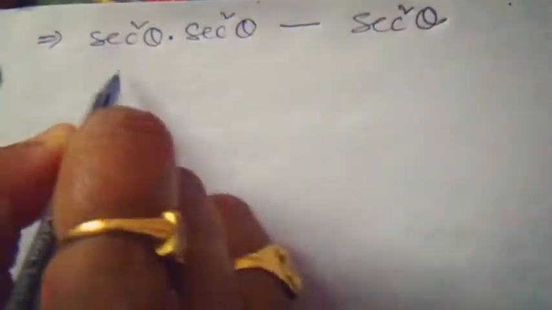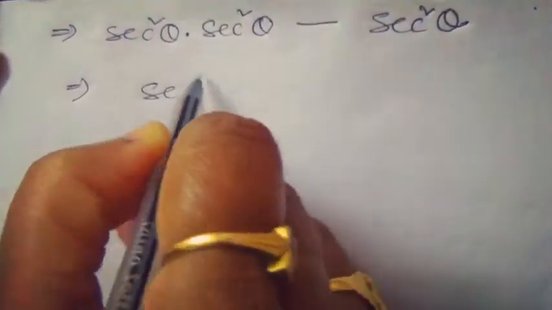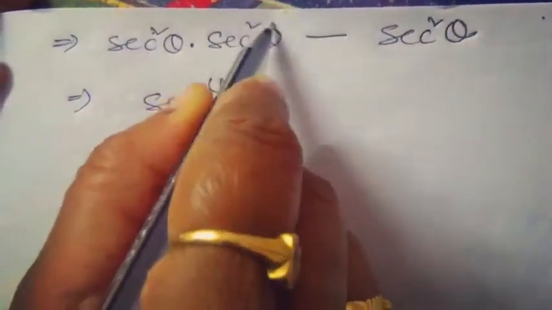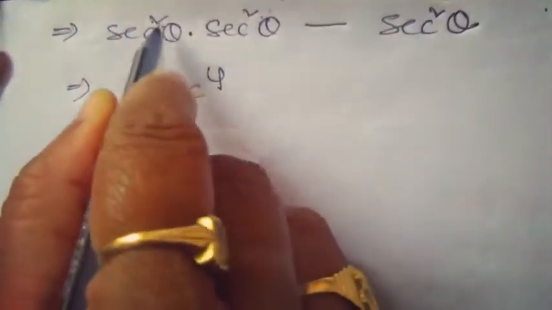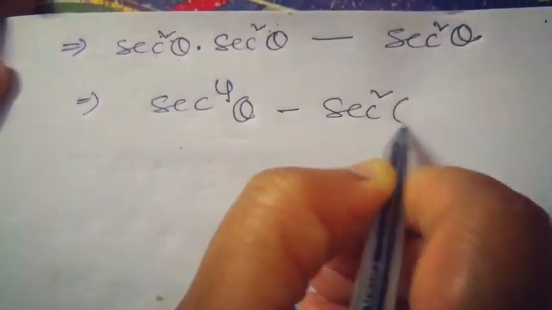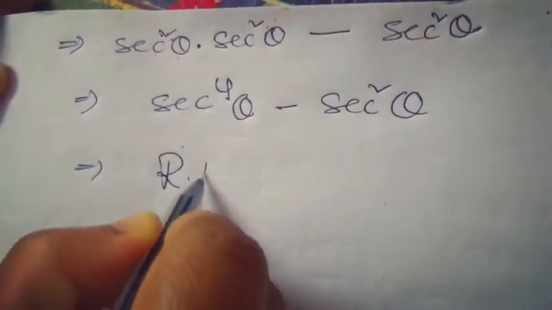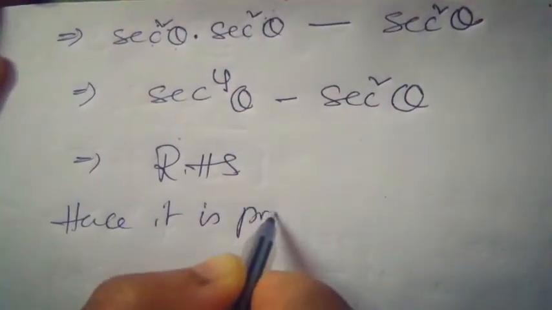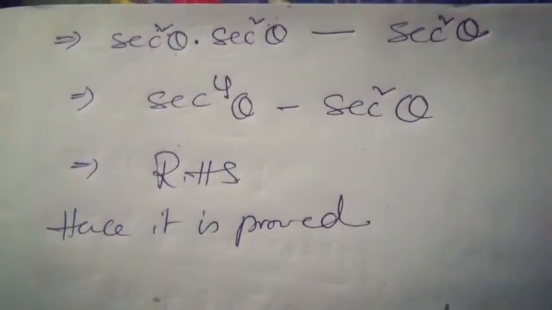That implies secant to the power of 2 into secant to the power of 2, using a to the power of m into a to the power of n equals a to the power of m plus n, means 2 plus 2 is 4, so secant to the power of 4 theta minus secant square theta. That implies it is RHS, hence it is proved.